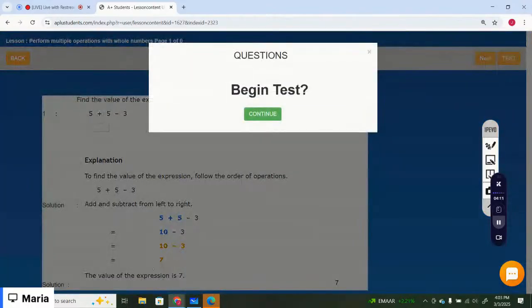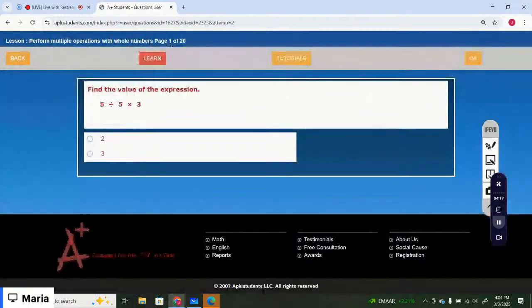Let's start with the test questions. Find the value of the expression 5 divided by 5 times 3.